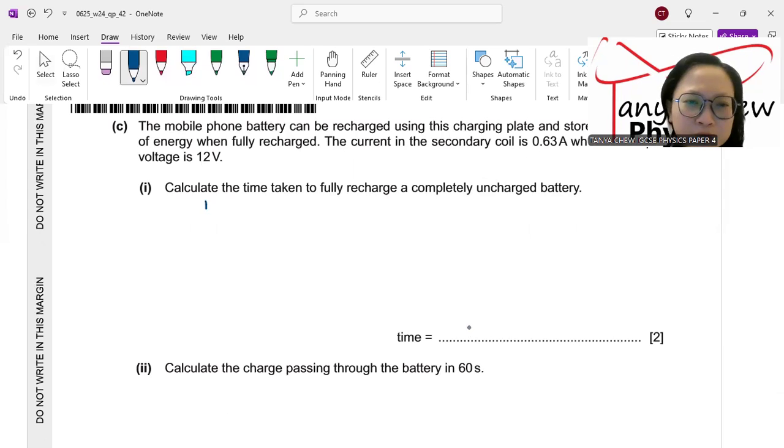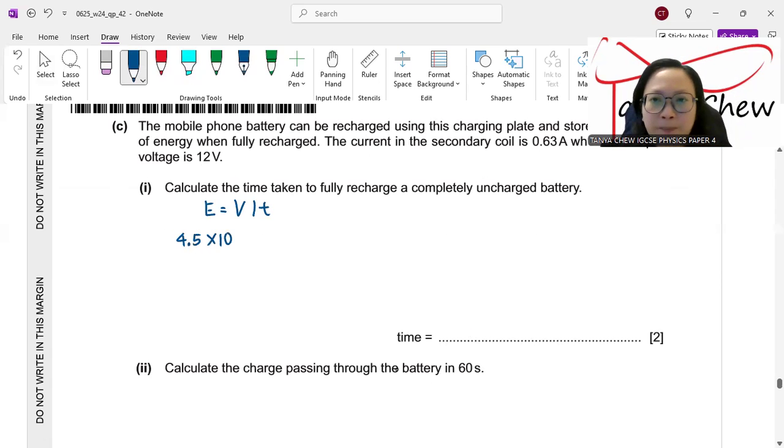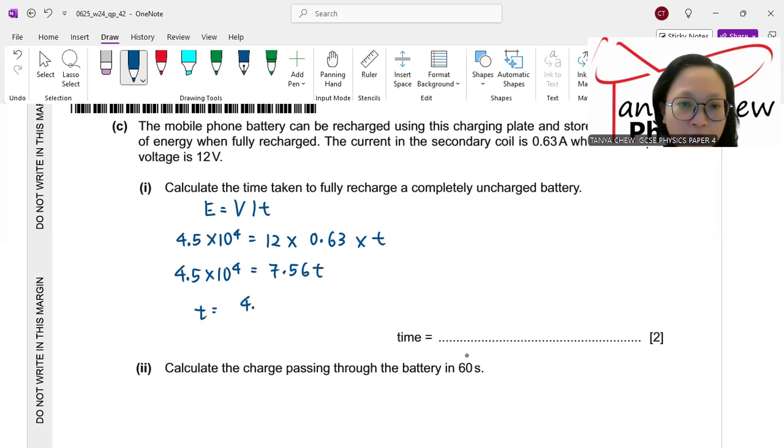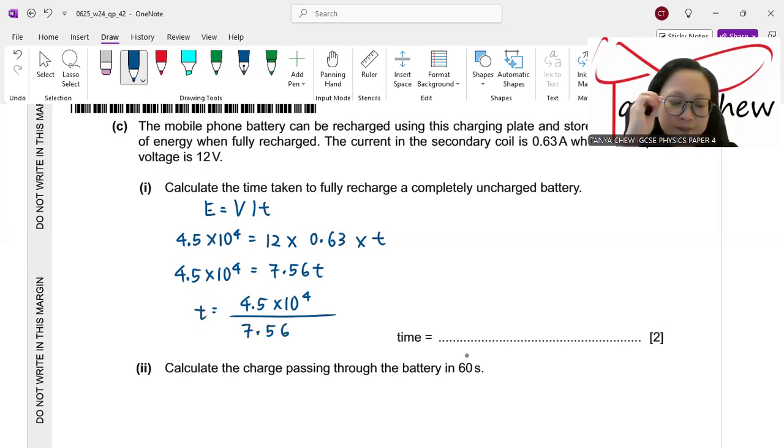I am going to use this equation E equals VIT because V is given, I is given, and the energy is given as well. 4.5 times 10 to the power of 4 is equal to 12 volt times 0.63 ampere times the time. So 4.5 times 10 to the power of 4 is equal to 7.56 T. So T is 4.5 times 10 to the power of 4 divided by 7.56.